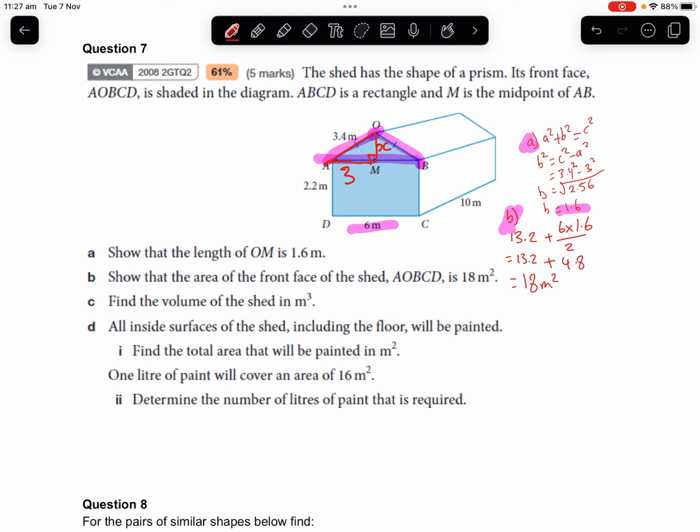Okay, C. Find the volume of the shed in meters squared. Again, to find the volume, we find the total area of the front side of the shed, and then you multiply it by how long the shed is, in this case 10.